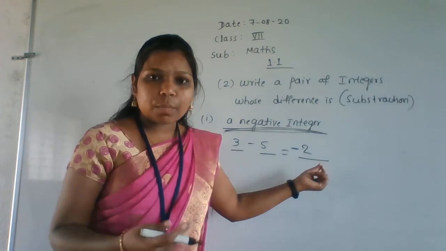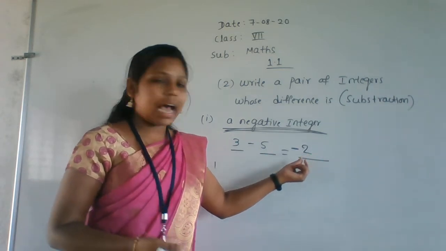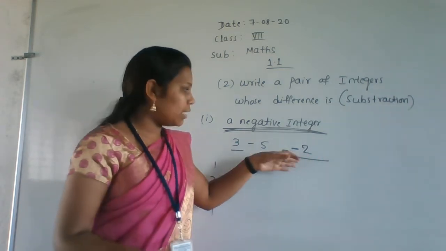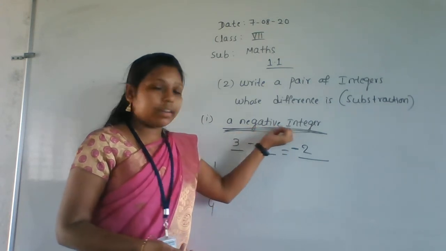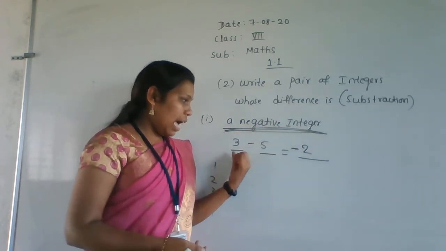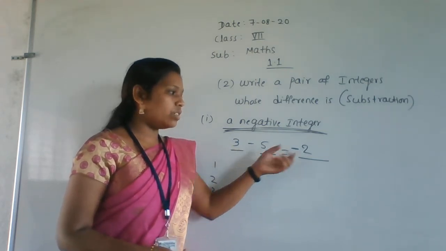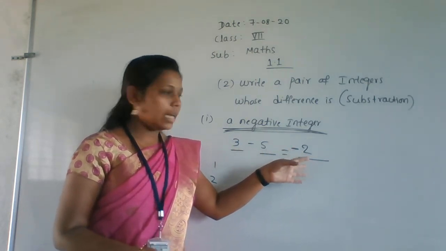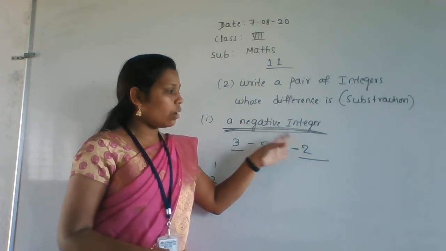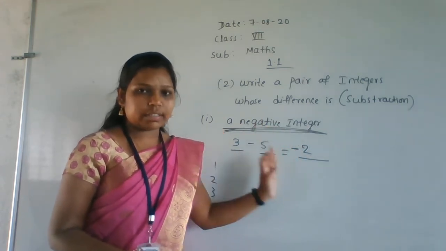Integers means it has both positive values as well as negative values, but here we want a negative integer. That's why I am taking 3 and 5 here, and the difference between those two is minus 2. We got a negative integer. This is our answer.